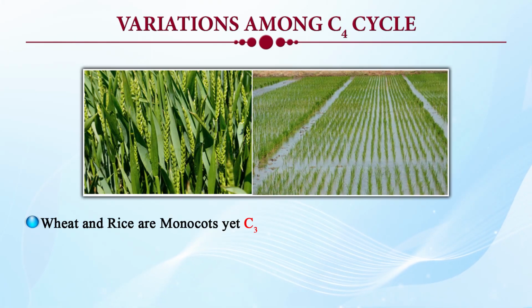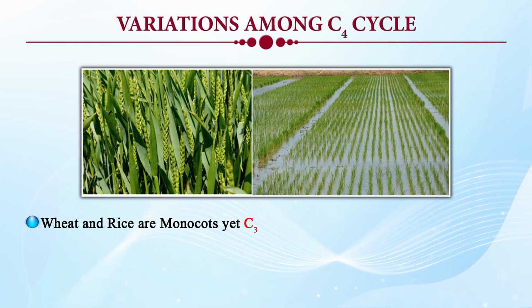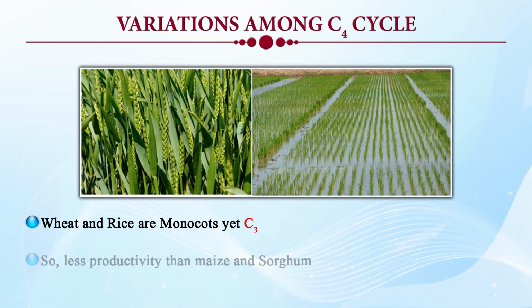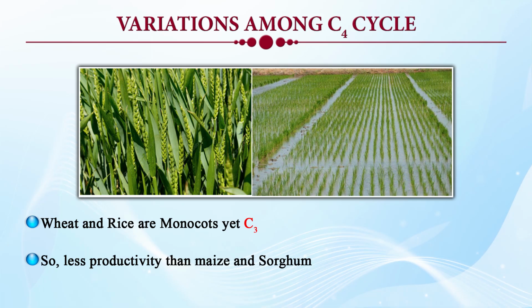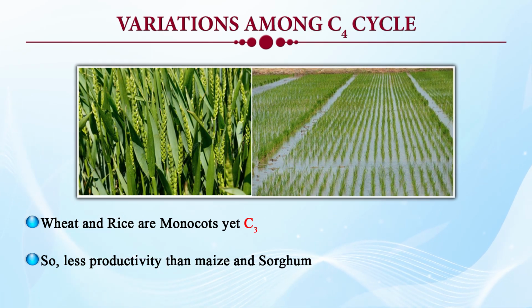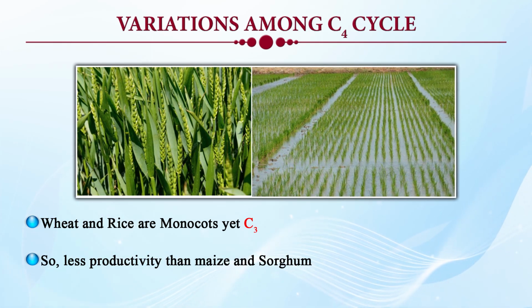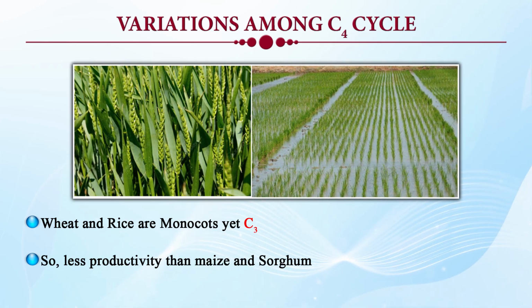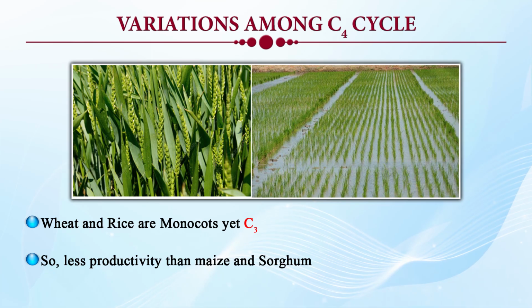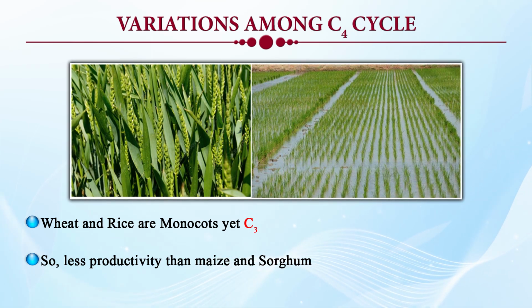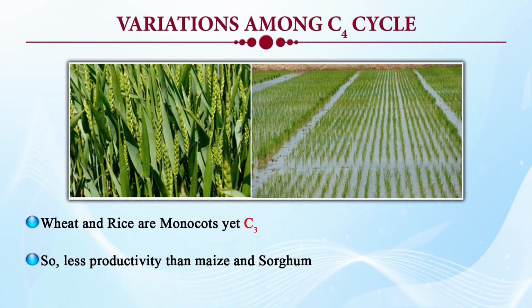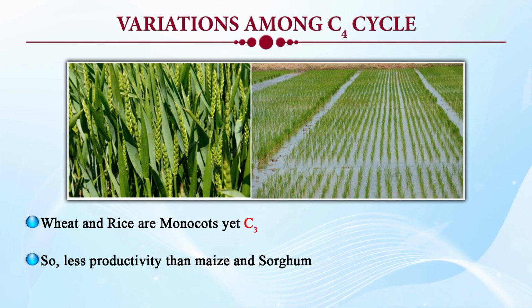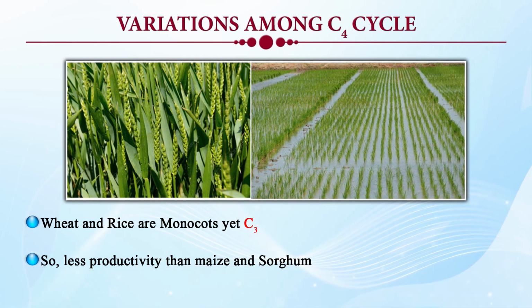Wheat and rice are monocots, no doubt, yet they are C3, and therefore they have less productivity than maize and sorghum. What is important here is they are monocots, all right, but they are not growing in tropical climates. They are growing in temperate climates. So, that means their adaptation, in spite of being monocots, is that of a C3 plant.